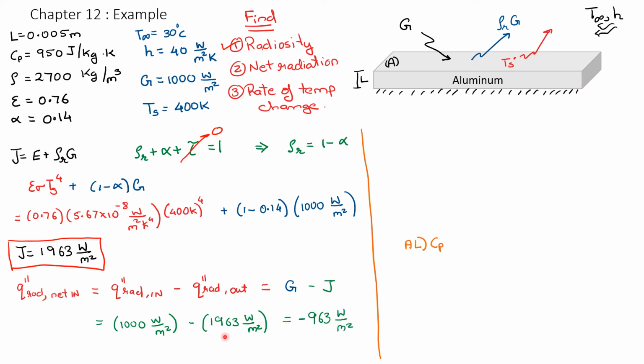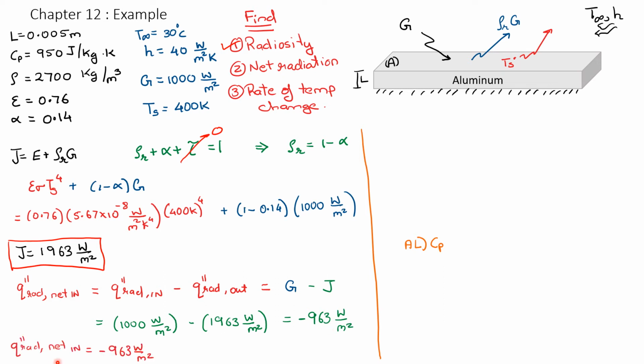And because our radiosity is greater than irradiance, we get our Q net in to be minus 963 watt per meter square, which means that the net radiation is going out of the surface and not in.